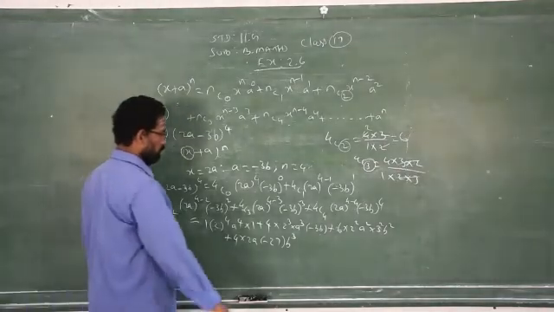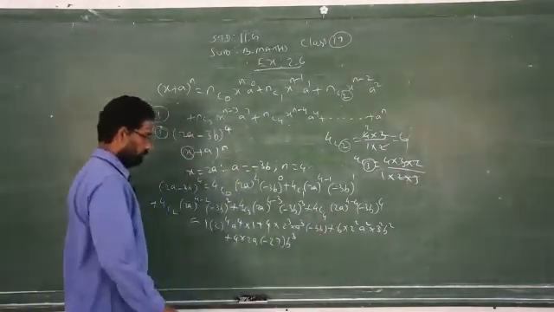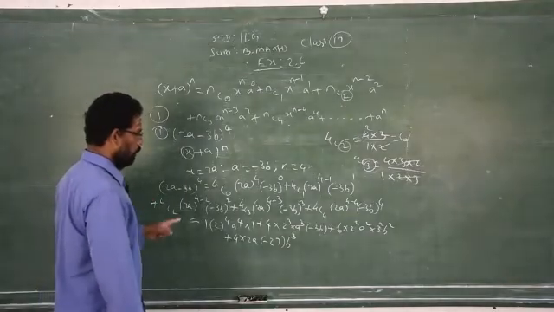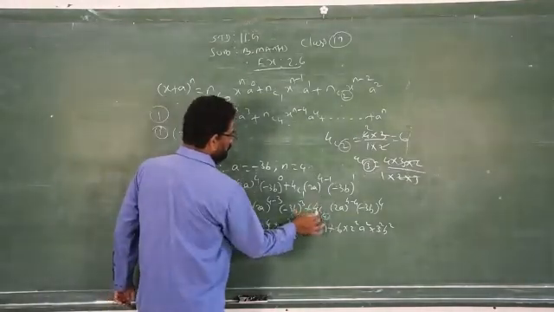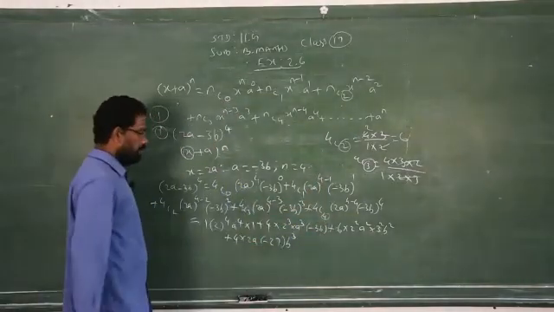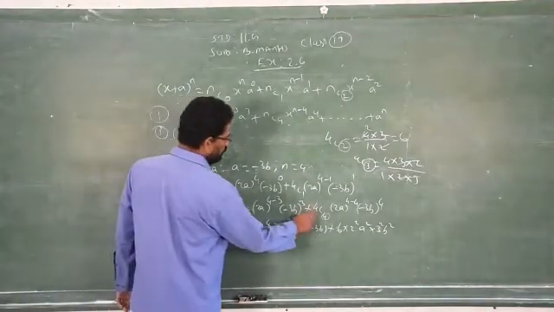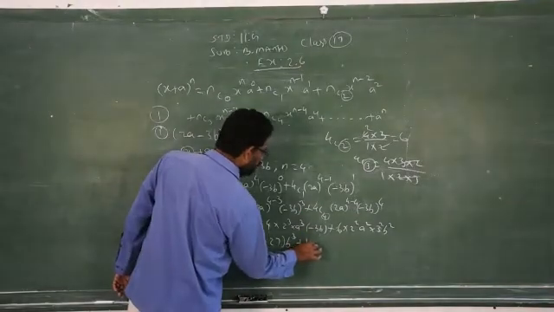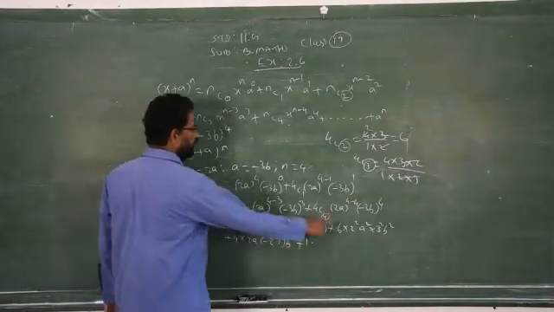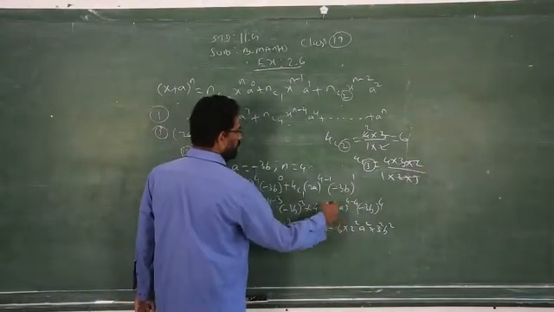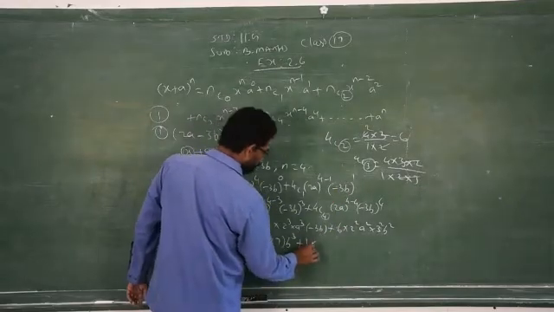The last one, 4C4. What will be the answer? 1. When the suffix and prefix are the same, the formulas are in the previous combination exercise that we learned already. So this will become 1. So 1 into 2a, 4 minus 4 is 0, anything power 0 is 1.